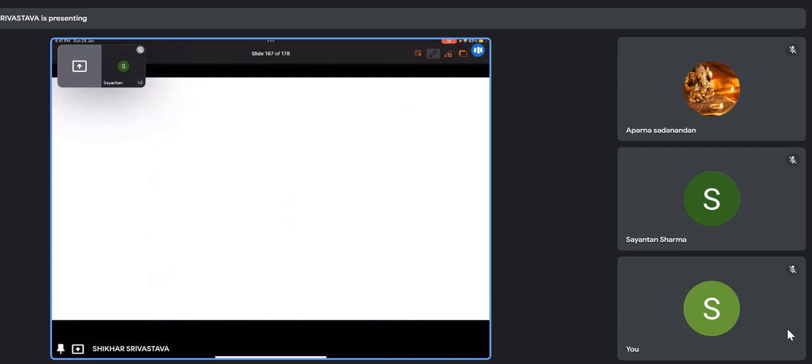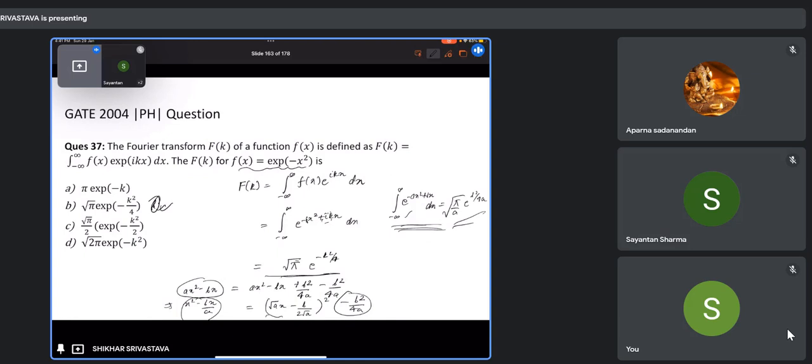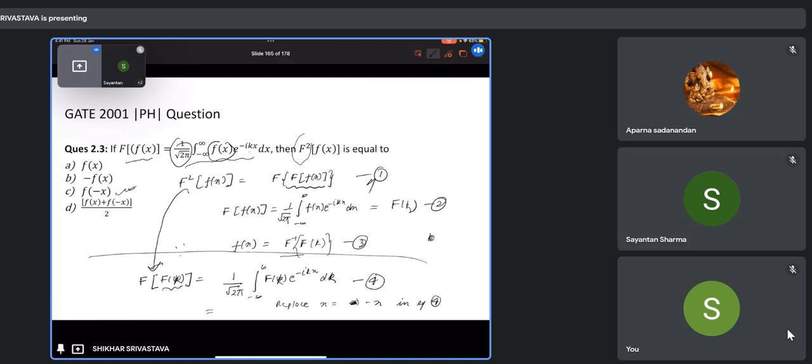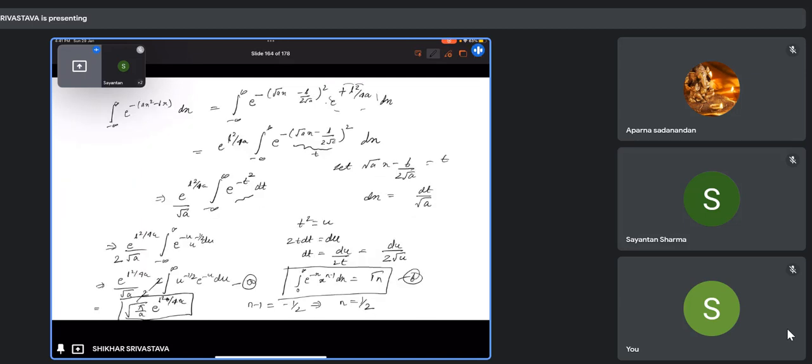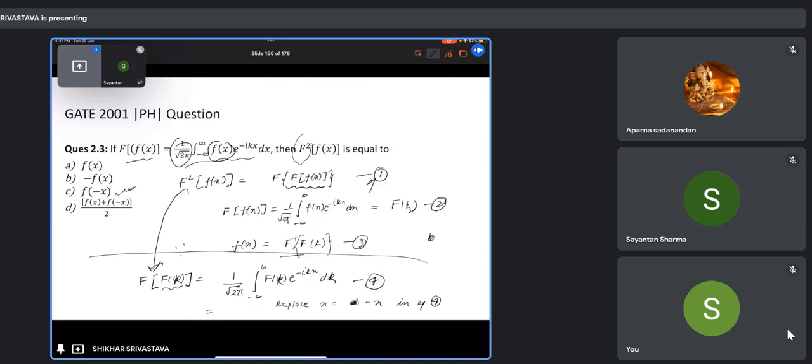Okay, so these are some questions on the Fourier transform which we solved. They are basically based on properties, and you just need to remember some basic formulas and properties, like the shifting property, and then you can solve the question.